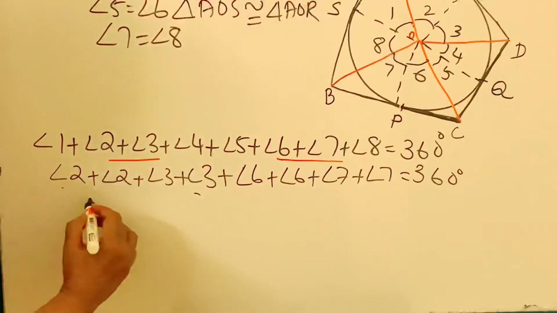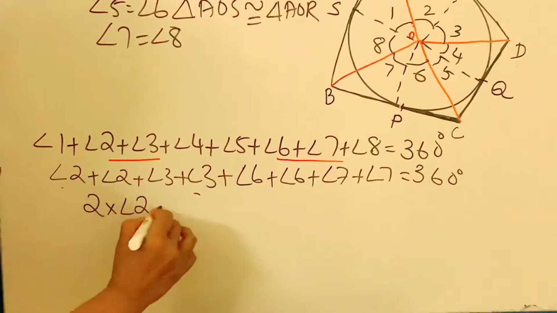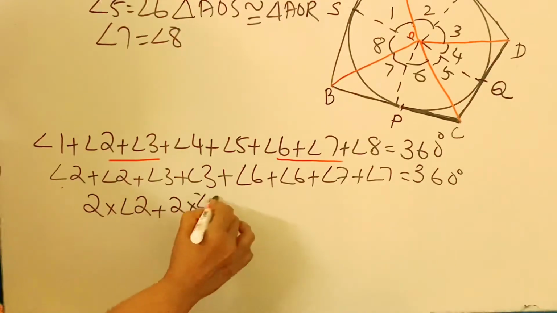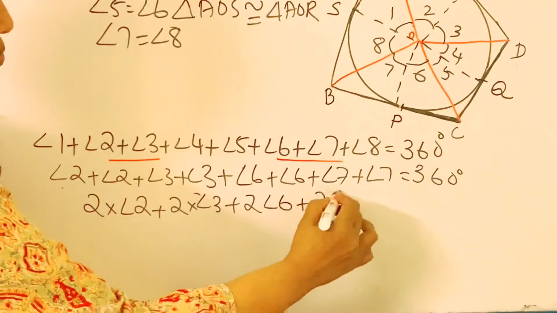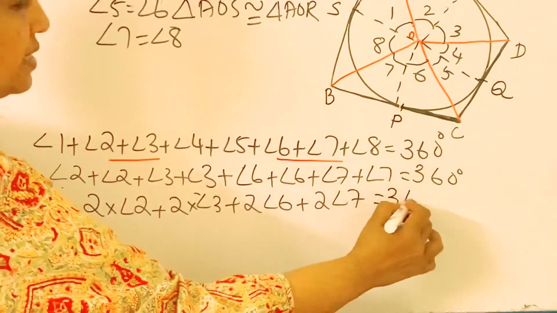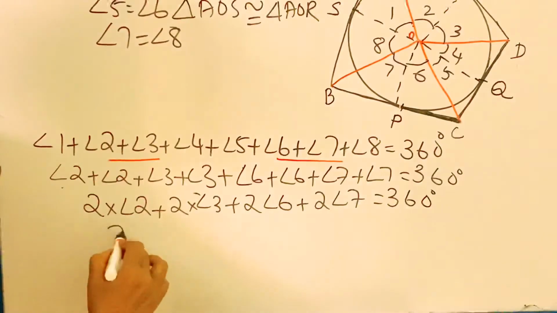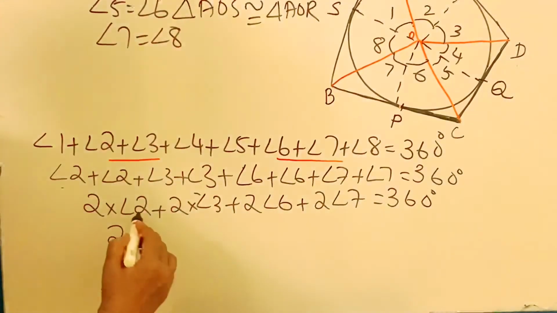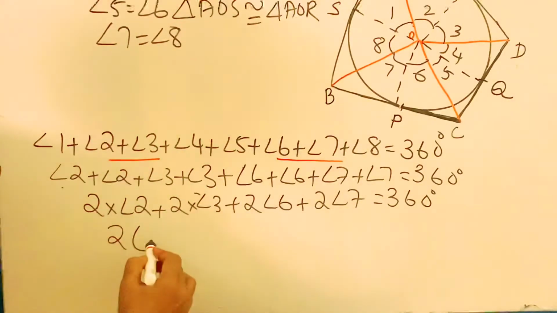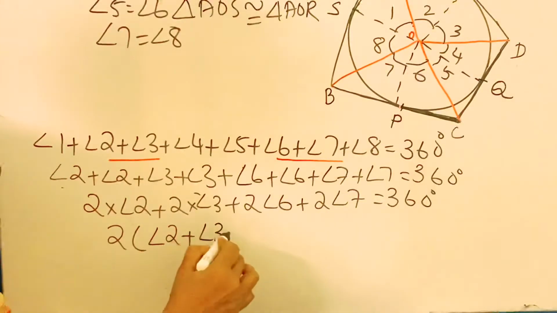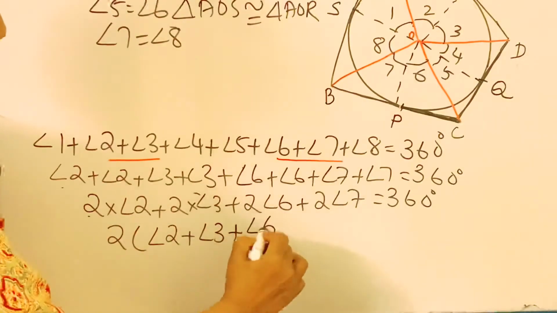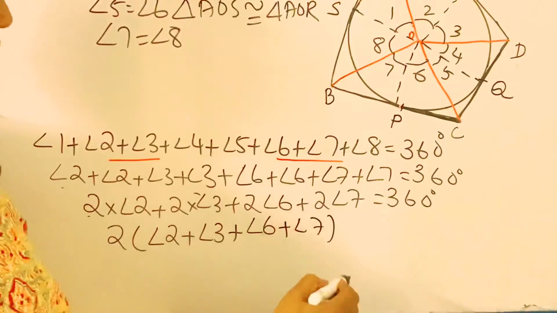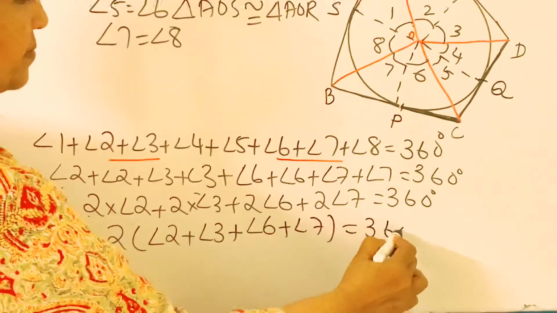Angle 2 plus angle 2 is 2 into angle 2. This is 2 into angle 3, 2 into angle 6, 2 into angle 7, is 360. Take 2 outside, because 2 is a common factor: 2 into angle 2 plus angle 3 plus angle 6 plus angle 7 is equal to 360.